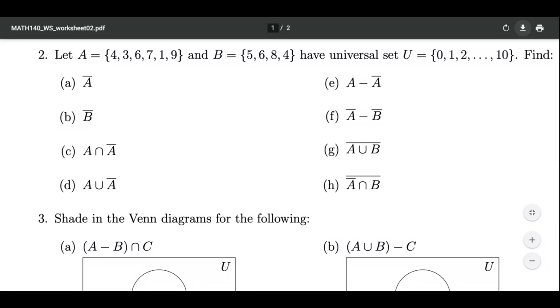Okay, Amy has this for F, A complement subtract B complement. Okay, so A complement, which Jinqi listed before, subtract B complement. All right, anybody has different answers?